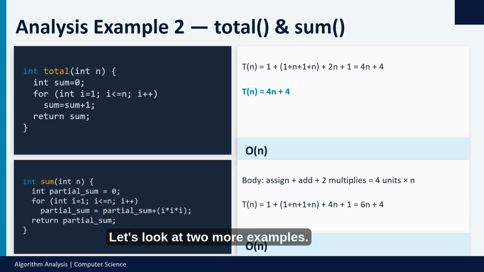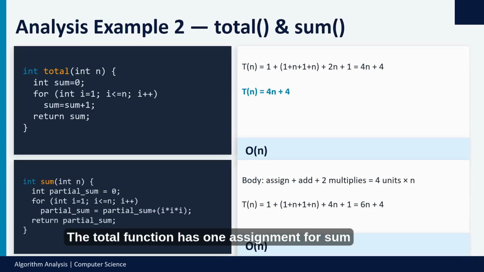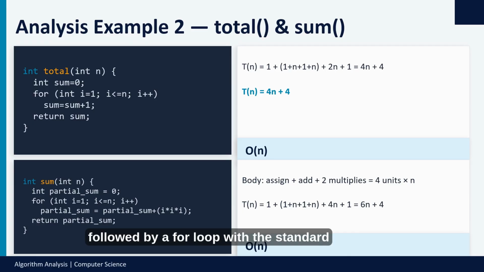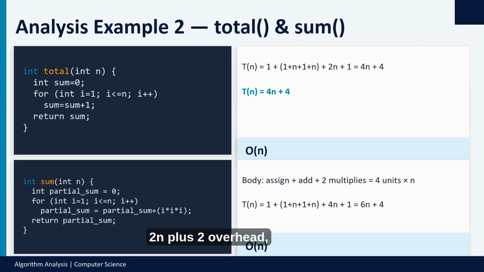Let's look at 2 more examples. The total function has 1 assignment for sum equals 0, followed by a for loop with the standard 2n plus 2 overhead, and a loop body with 2 operations, assignment and addition, running n times, plus a return. This yields T of n equals 4n plus 4, which is again O of n.